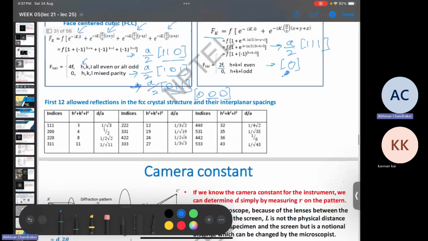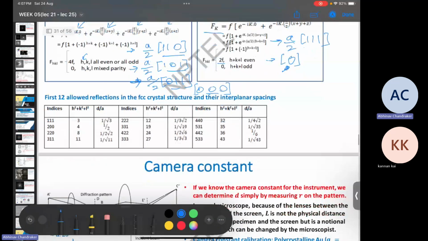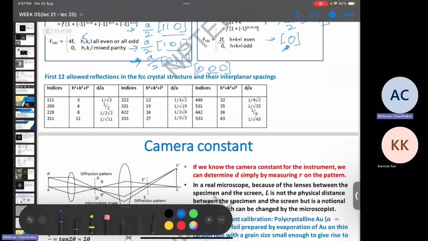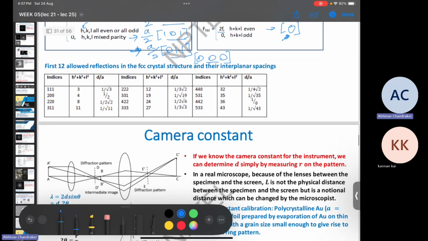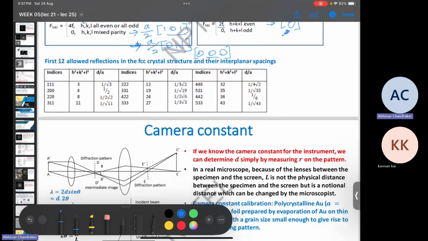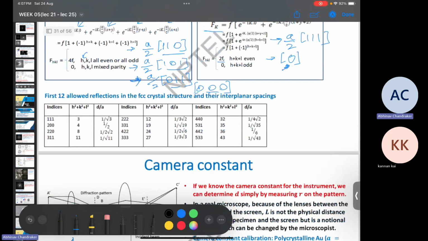Now once this makes a bit of sense, we'll just consider different HKL values and see what will be the structure factor for all of them. Let's consider FCC only. For BCC you can do it by yourself.